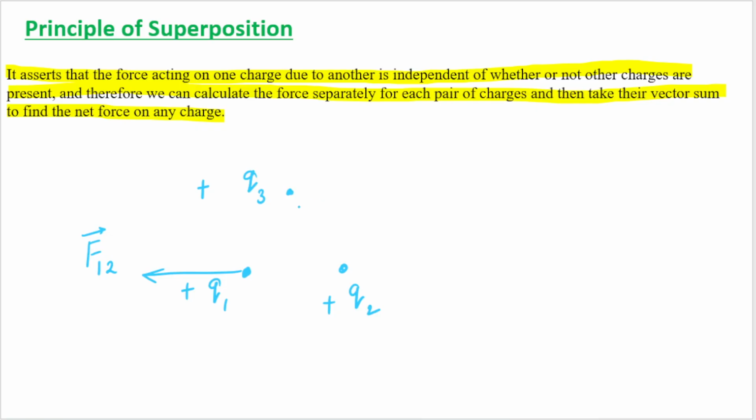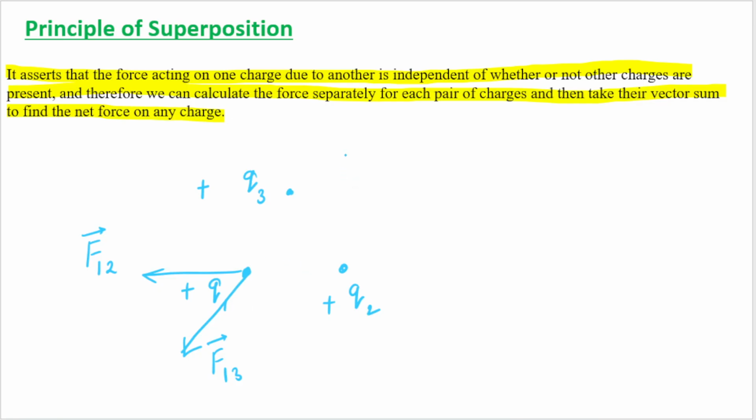Similarly, when I am calculating the force on Q1 because of Q3, it is repulsive, it is in this direction. Notice once again, when I am drawing the arrow for F13, I am ignoring the existence of Q2.